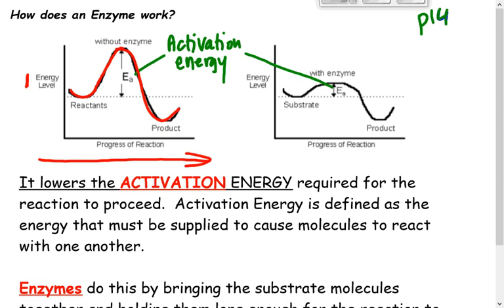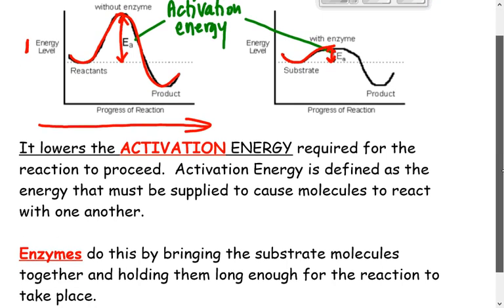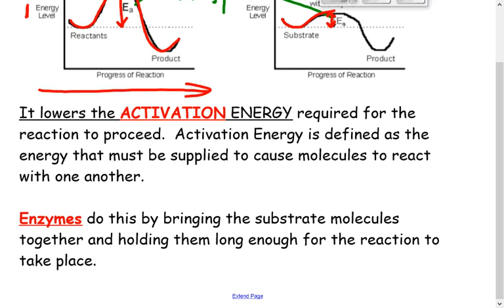With the enzyme, in the graph on the right, because it holds them in just the right orientation for just the right amount of time, it takes much less energy, just a little bit compared to all the energy over here, for that reaction to proceed. So enzymes lower the activation energy by bringing the substrate molecules together and holding them for long enough for that reaction to take place.